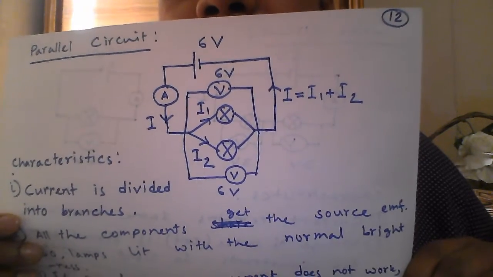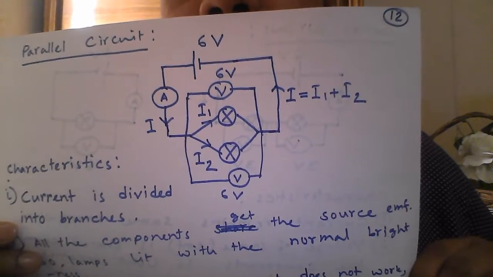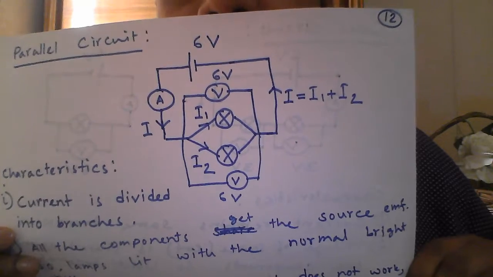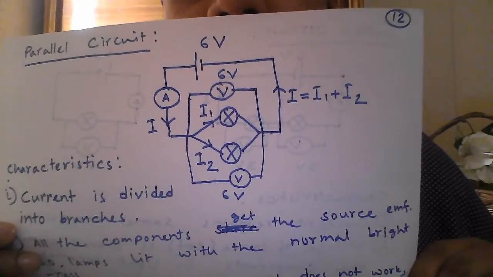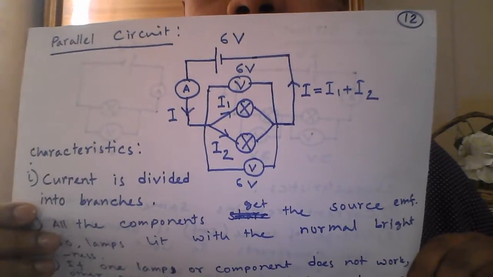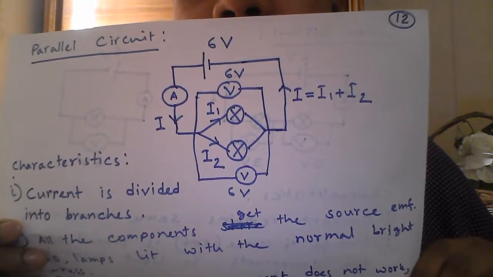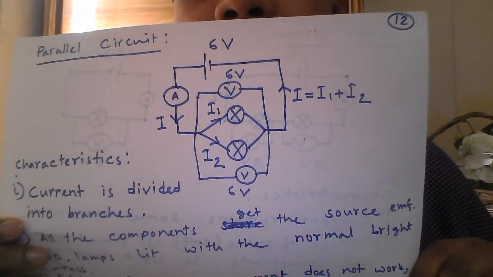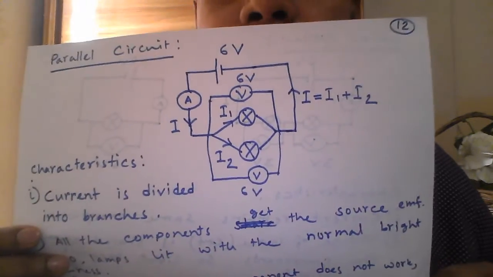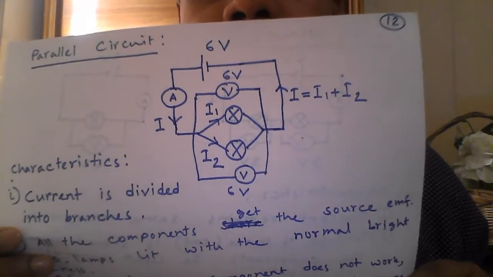So here on the right side I wrote I equals I1 plus I2. That means after meeting they get the same current as before in the left side. So we can say that in a parallel circuit current is divided among the branches. These two are very vital points for parallel circuit, we have to remember.